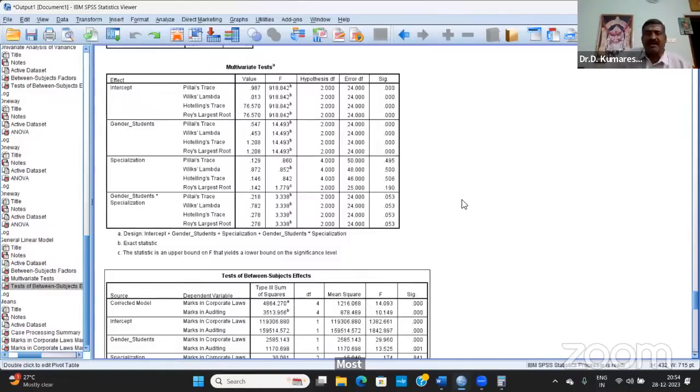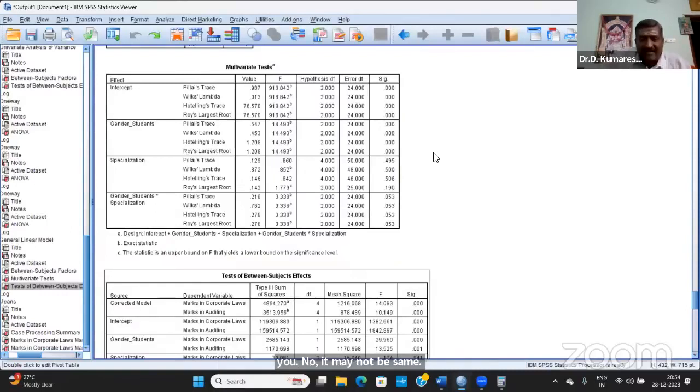Suppose, see here, look at the p-value of gender. All are having the same p-values. But specialization, different p-values. Interaction, same p-values. What does it mean? It need not be the same. At the beginning of the Manova test, I told you, it need not be the same.